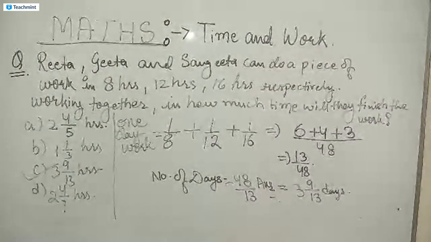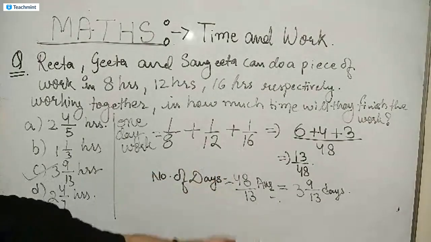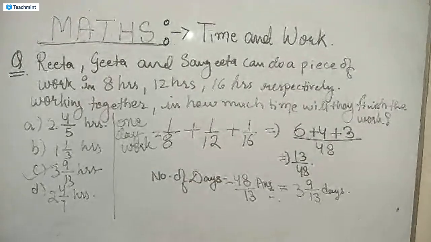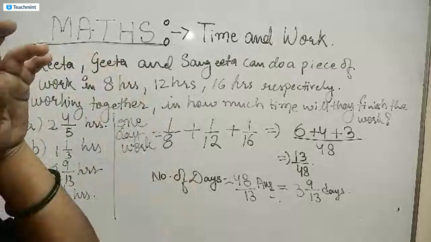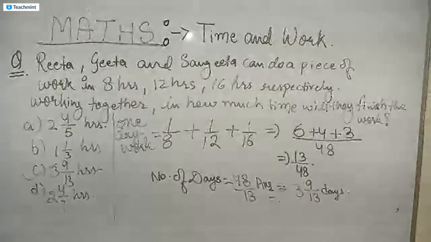Yes, Litika. How did you get 48, ma'am? The LCM of 8, 12 and 16 is 48, Litika. You can calculate the LCM. Those who don't know how to calculate the LCM, beta, please watch the recordings once. Yes, Rishikesh?